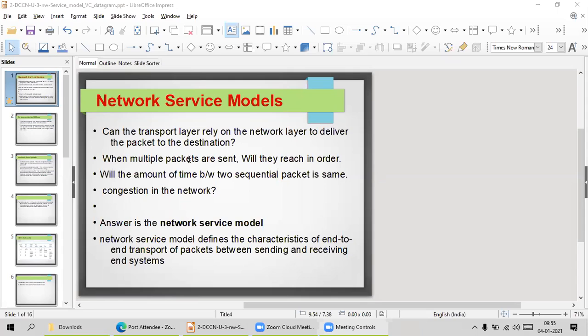There are many network service models that define these characteristics, and they will possibly define all four problems of your transport layer or some other layers, according to your knowledge. That we are going to discuss.